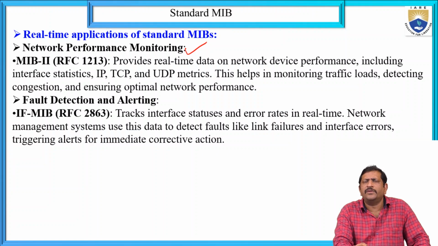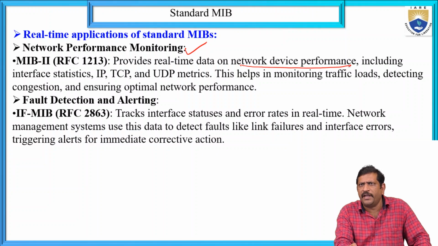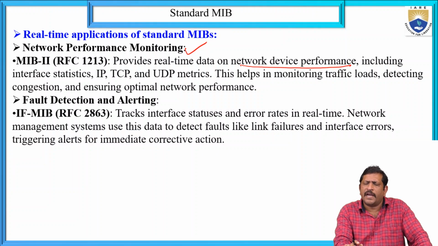For that we are using MIB-2, which is the enhancement of the MIB, providing real-time data on network device performance. Generally, data transfer speed is considered in network devices. It includes interface statistics and IP, TCP and UDP metrics.